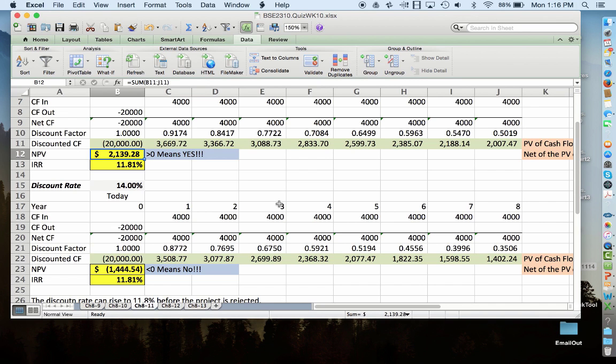So at 9%, all of these, all the way up to this ceiling, are good to go. Once we get above 11.81, we would not be able to do the project. Essentially, the project's returns aren't sufficient to make this project profitable for our business.